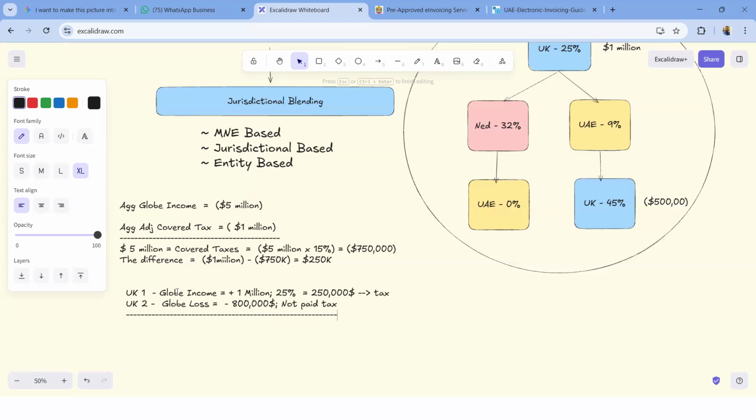The covered taxes would be 250,000 plus 0, divided by the income, which would be 1 million minus 800K. So my ETR would be 250 divided by 200. That means I have paid a tax of around 125%.